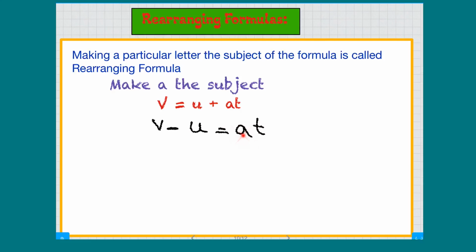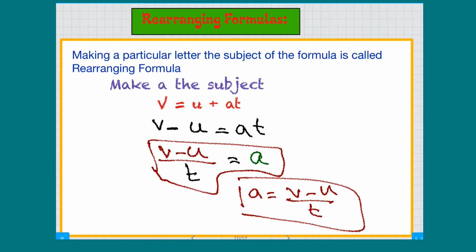So V minus U over T equals A. So this T I divide with every single thing on the other side. Then we have A equals V minus U over T. You can also write it like A equals V minus U over T. It is the same thing. So this is how you do rearranging of formulas using the rules I have explained before.